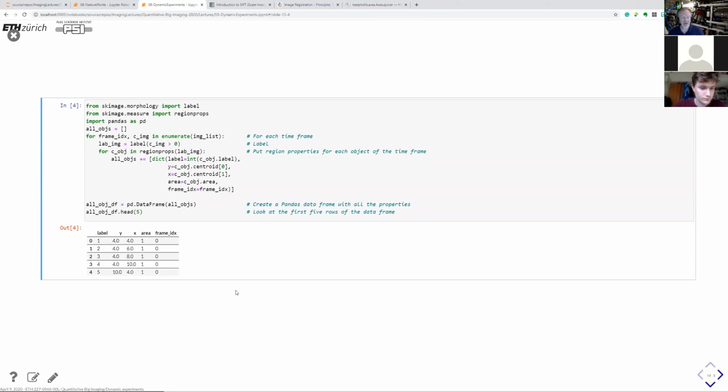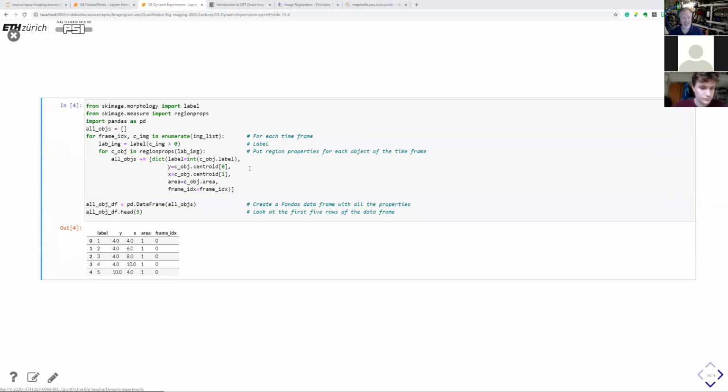Anyway, now we got a little table here. This particular table doesn't show much. We measured some information like the centroid, the area, the frame index, and the label.